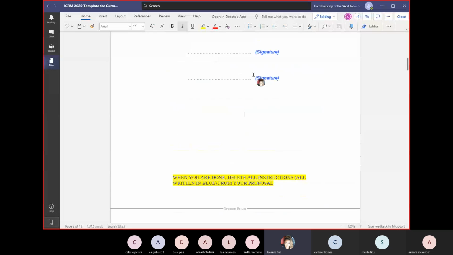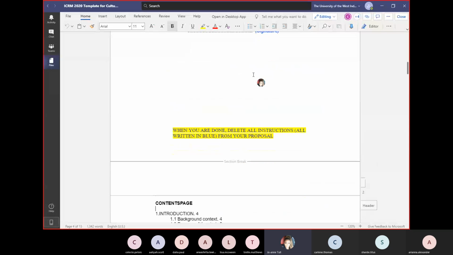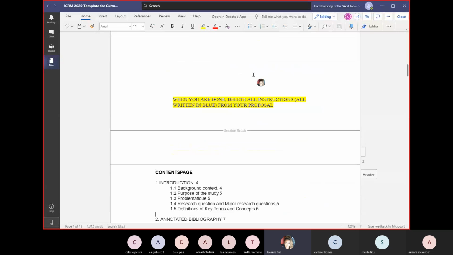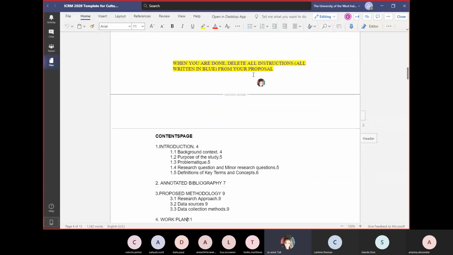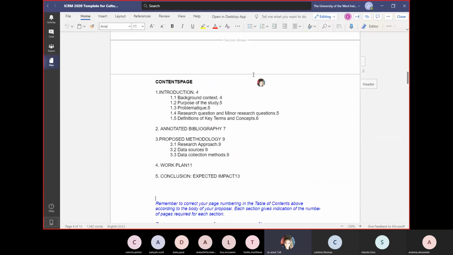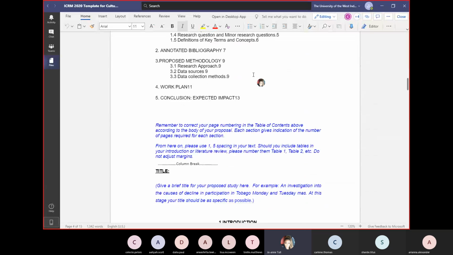So you notice it says here, when you are done, delete all instructions, all written in blue, from your proposal. So you see, all of these are important things. You should not be submitting anything where there's blue writing in it, because those are the things that you would have been told to do. That should not be in your document at all. All that should be there is what you have inserted.